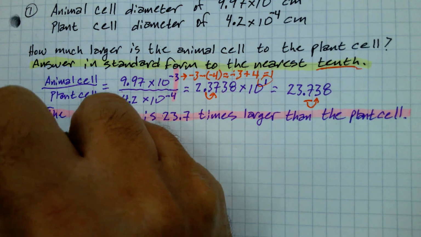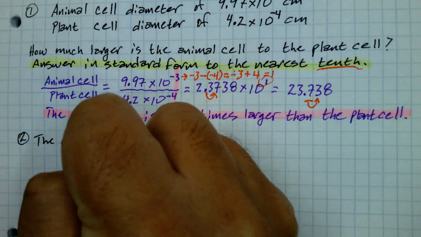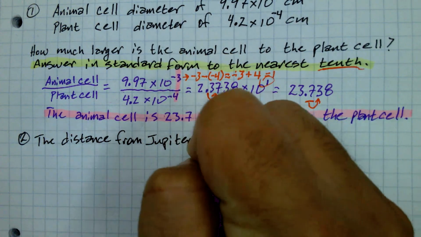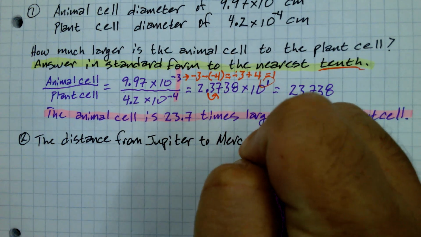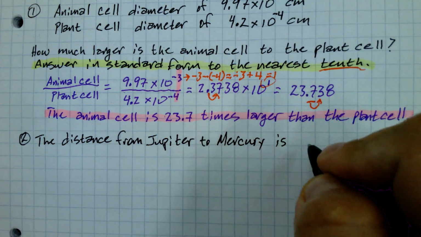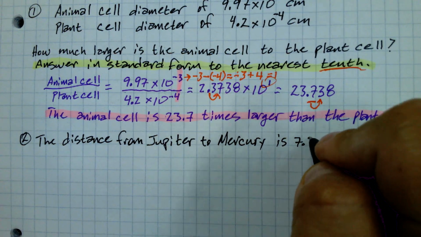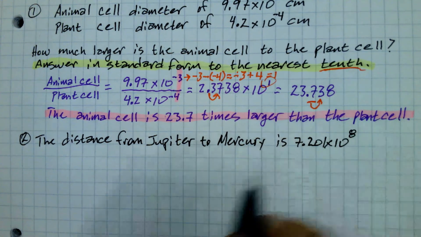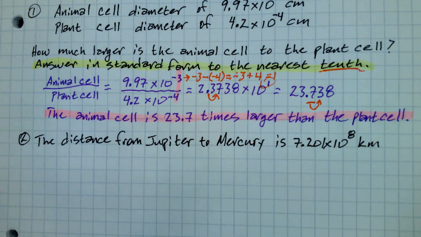The distance from Jupiter to Mercury is 7.201 times 10 to the 8th kilometers. Yeah, it's like driving to San Diego.